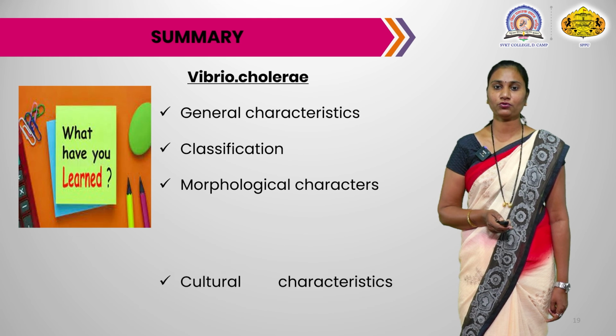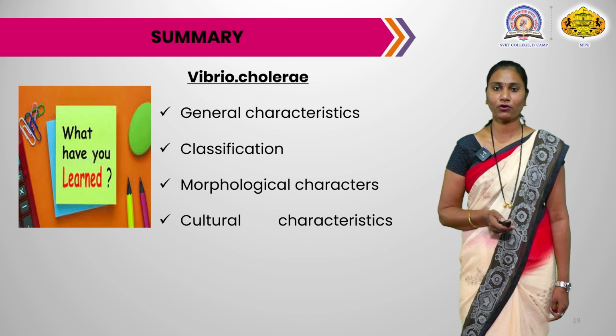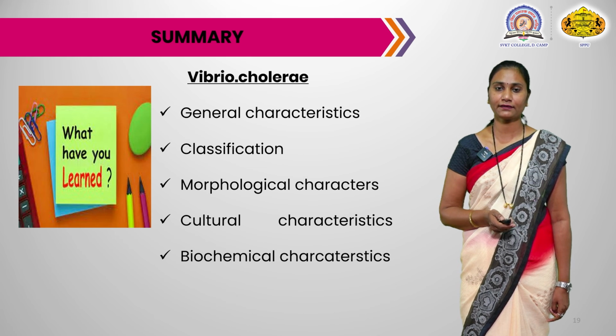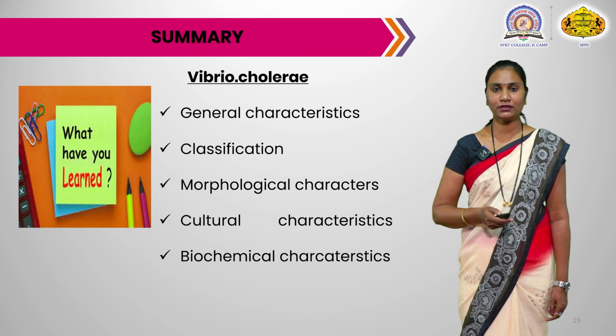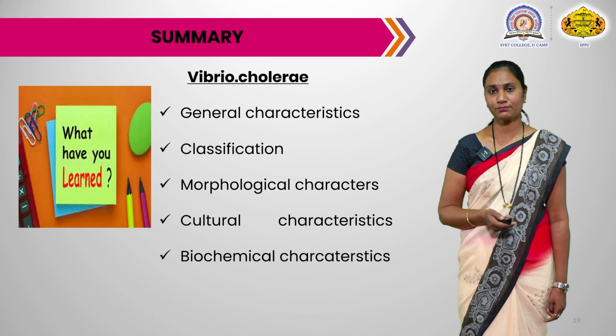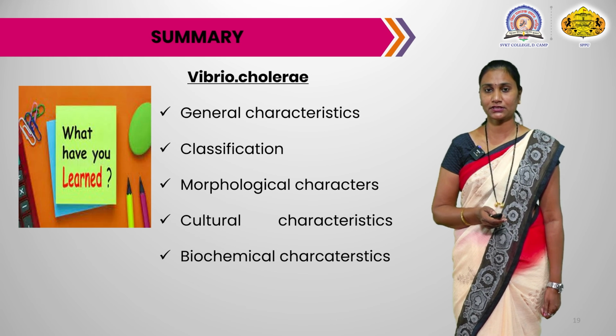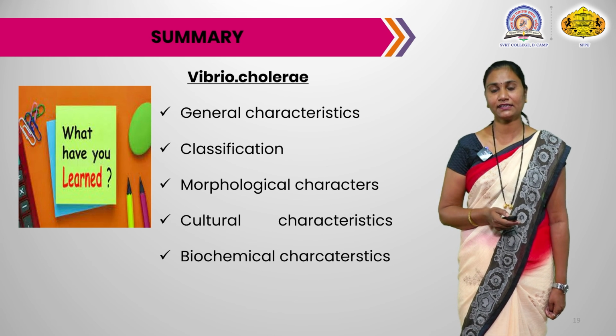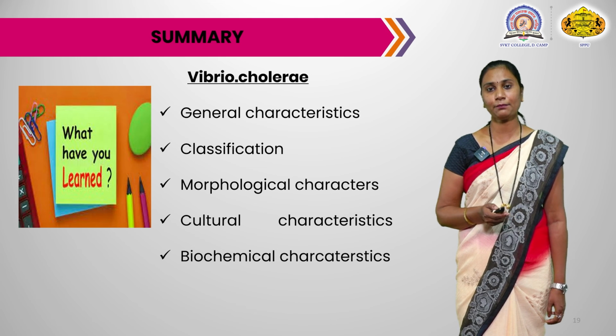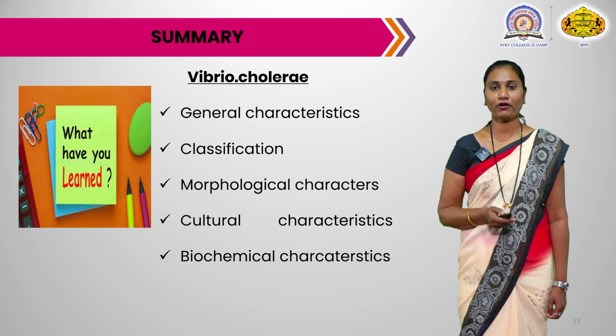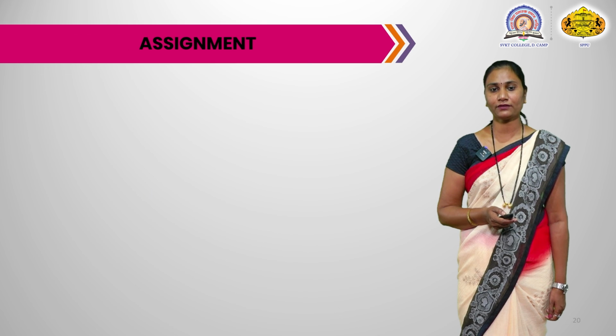Then we have gone through cultural characteristics of Vibrio cholera, and lastly we have discussed the biochemical characteristics of Vibrio cholera. The cultural characteristics as well as biochemical characteristics play an important role as far as laboratory diagnosis of this organism is concerned, and therefore it is necessary that you should be aware of the basic cultural and biochemical characteristics for identification of the pathogen.